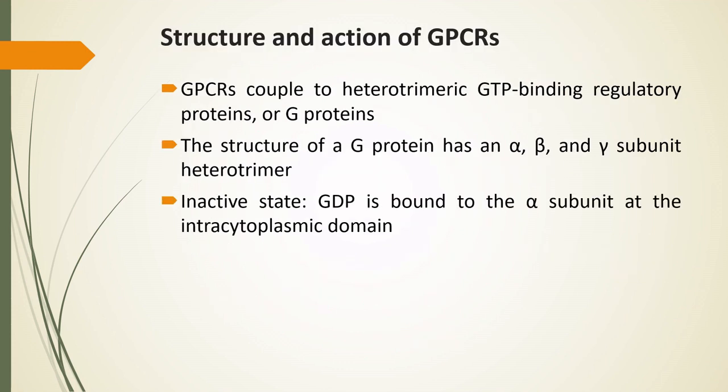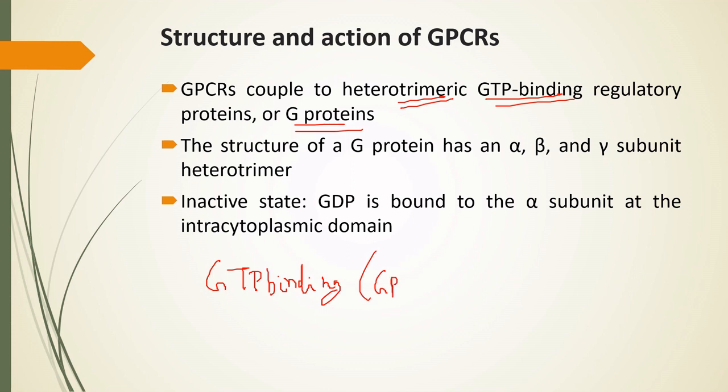Before moving forward, let us see what is the structure and the action of the G protein coupled receptor. Now this G protein coupled receptor basically couples to the heterotrimeric GTP binding regulatory proteins or the G proteins. Since it is regulated by a GTP binding protein, that is why it is known as a G protein.